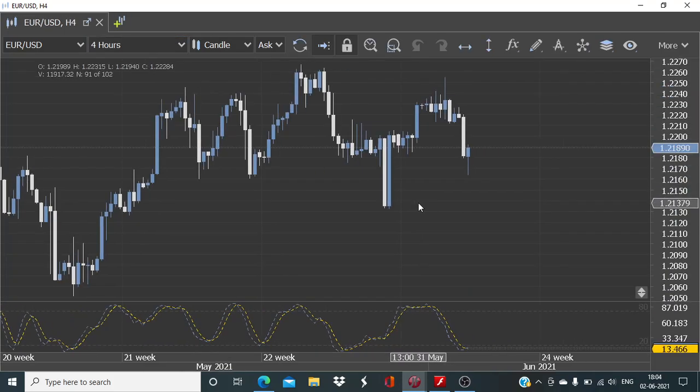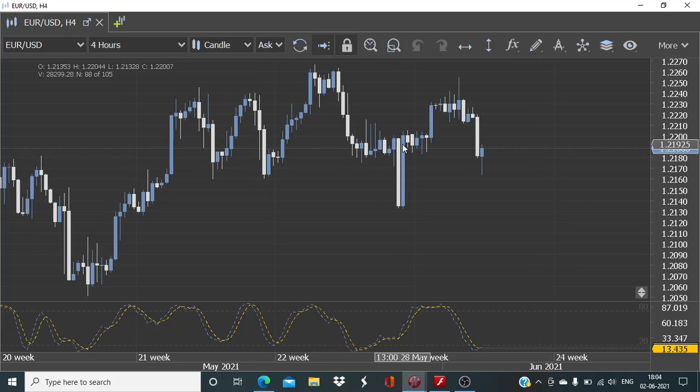So I think it will be better for us to use the 4 hourly time frame, given the fact that our setup is going to be largely dependent on the trend in the 4 hourly time horizon, and as a result of that, I think it will be prudent for us to use the price action data on the 4 hourly candle period.